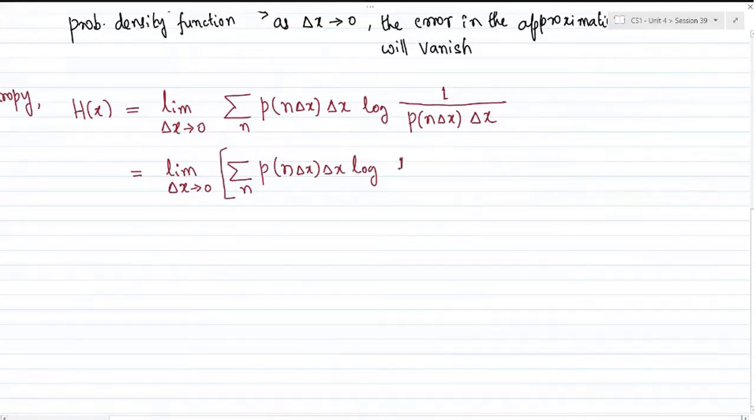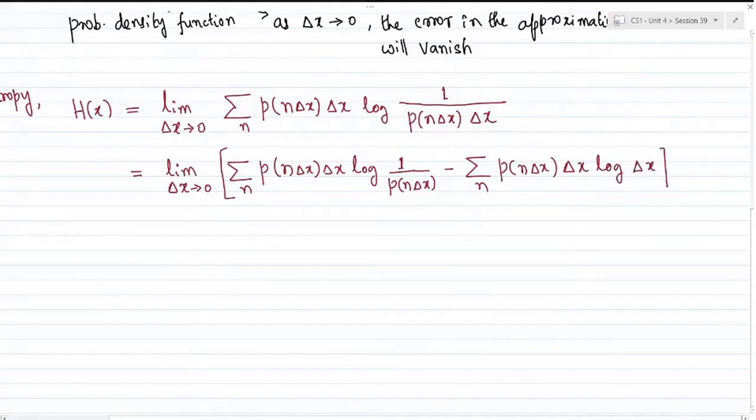So one will have log of 1 over p of n delta x, minus the second term, where I can take the negative term and pull this delta x to the numerator, and the rest of the product term is summation over n of p of n delta x times delta x times logarithm of delta x.